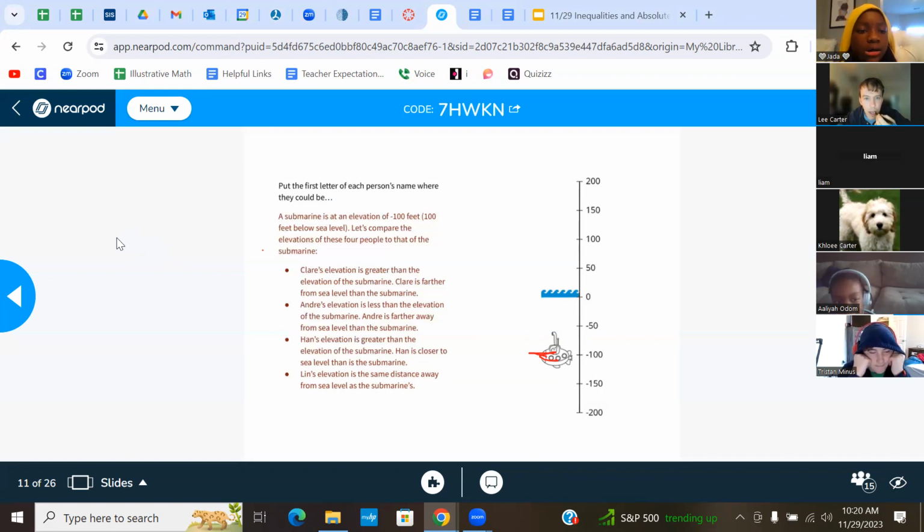So what that would tell us right here is that Claire has an elevation that's up here, greater than the submarine. But she's further from sea level than the submarine. The submarine is 100 away from sea level, so Claire has to be up here.